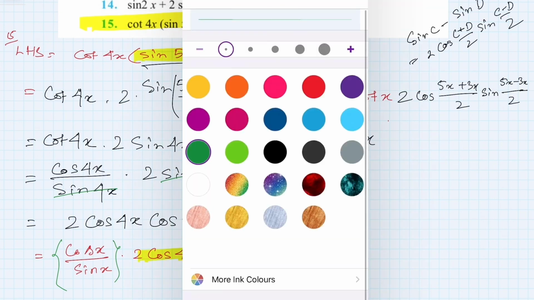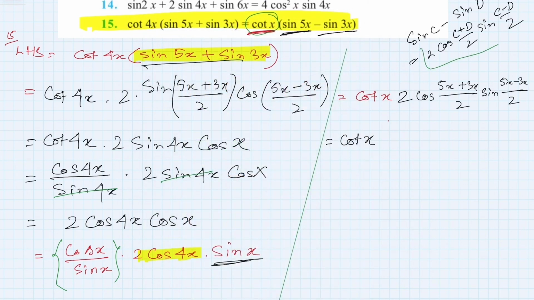Now you see this part and this part are in the same form, so that's why we can write this result in this form.